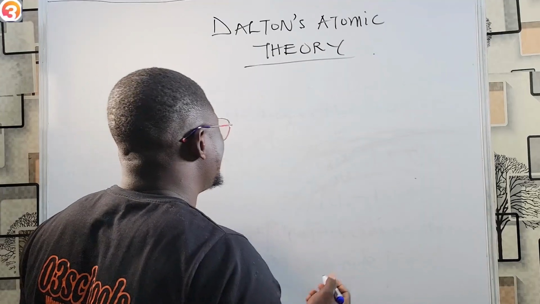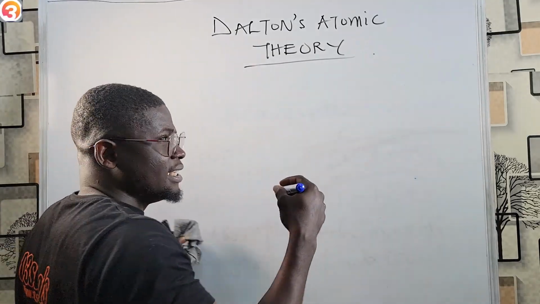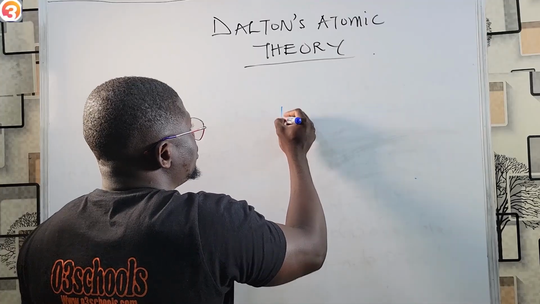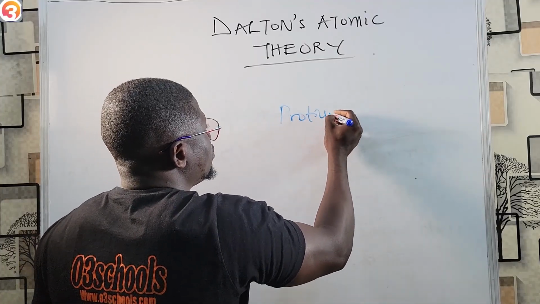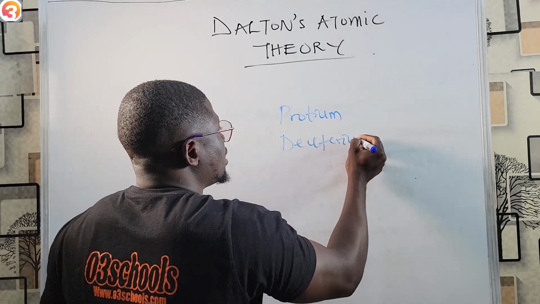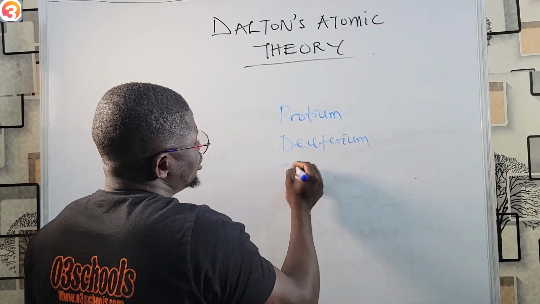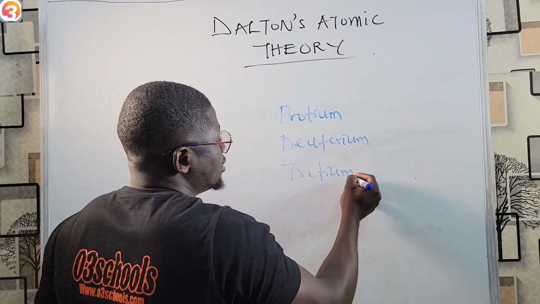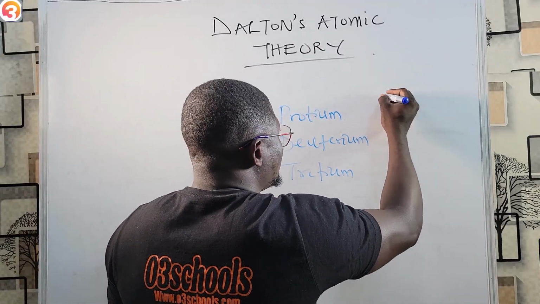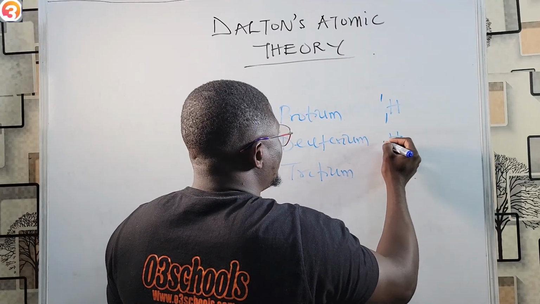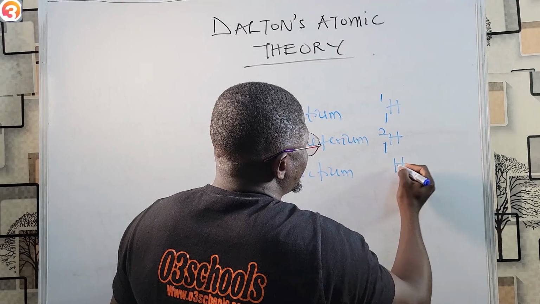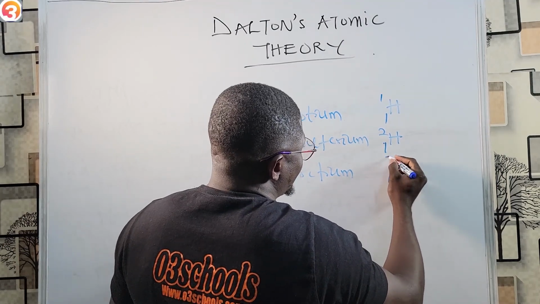So of course you can see from the isotopes of hydrogen, we have the protium atom, the deuterium atom, then the tritium atom. This one has atomic number one, mass number one. This has atomic number one, mass number two. This has atomic number one, mass number three.